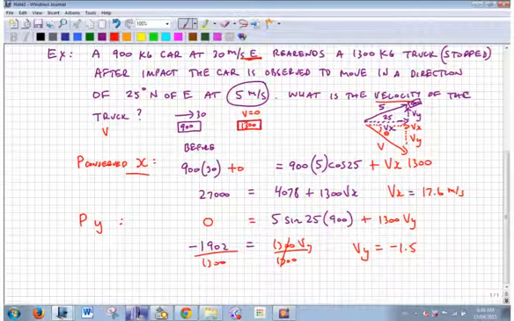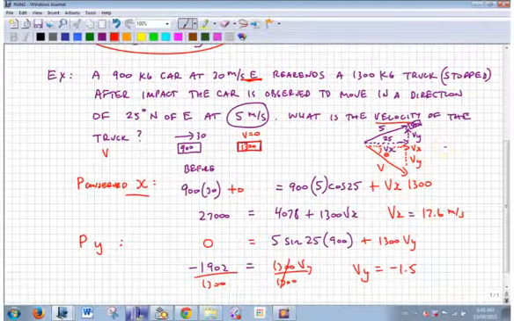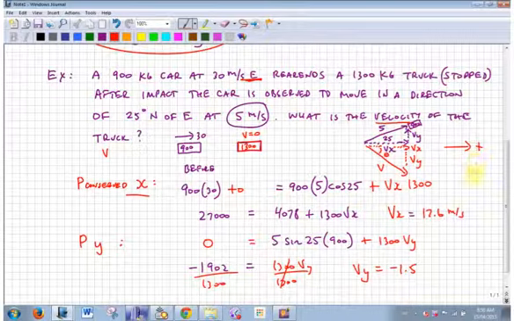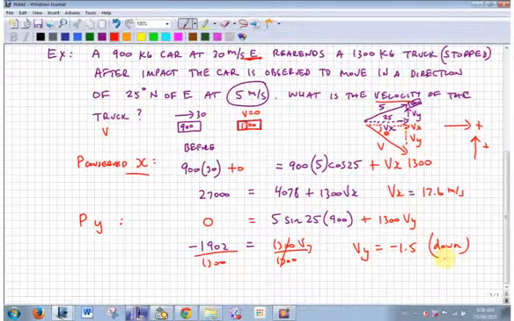So what does the negative mean? Yeah. And I didn't write this, but I took east as being positive, right? Which is like our Cartesian coordinate, kind of makes sense. And I didn't write a negative here, did I? That means I took this way for y as positive. So when I got a negative answer, that means down, right?